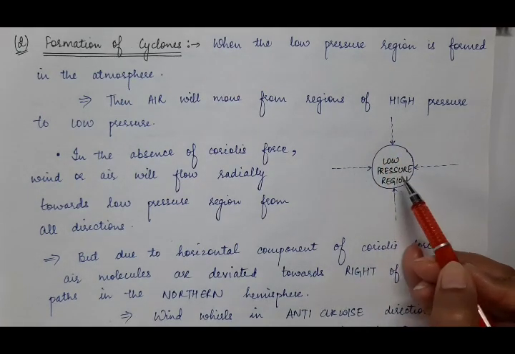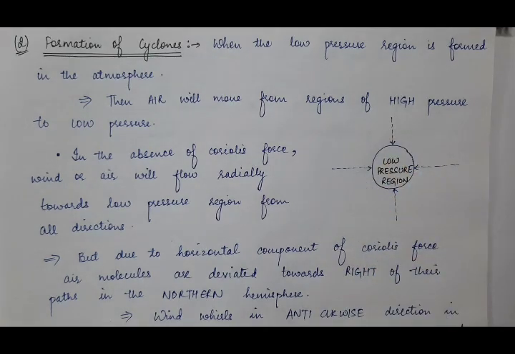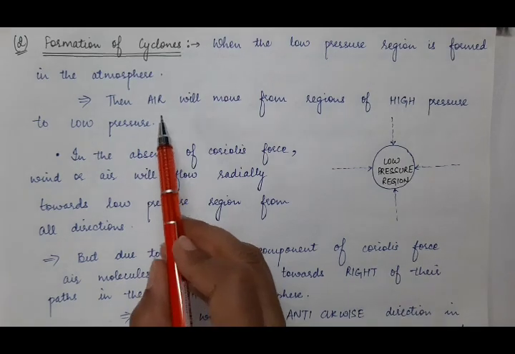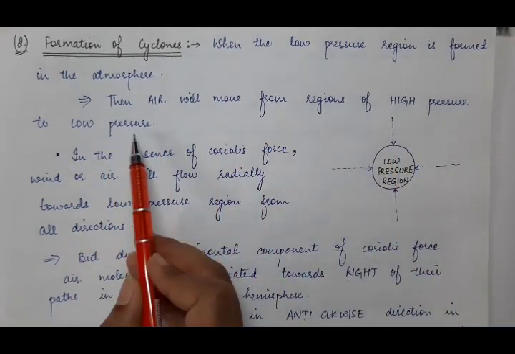Obviously, if this region is low pressure, then the region surrounding it will have high pressure. We all know that gases move from high pressure regions to low pressure regions, and the same is the case with air. So the air molecules will move from regions of high pressure to low pressure.